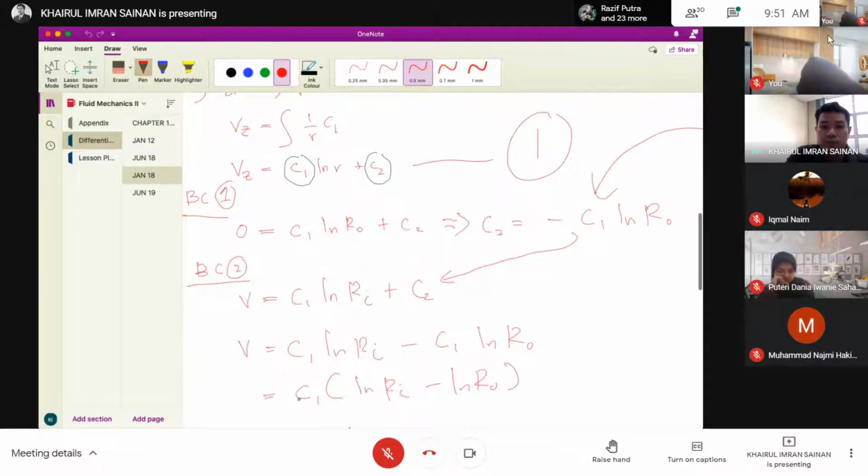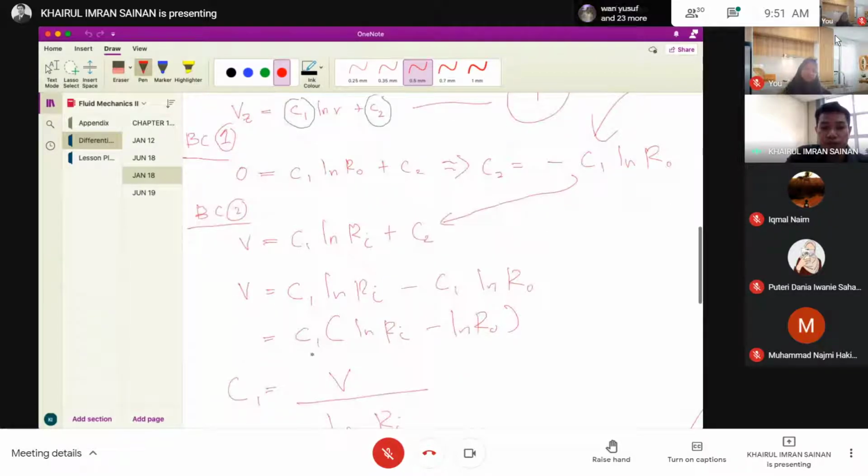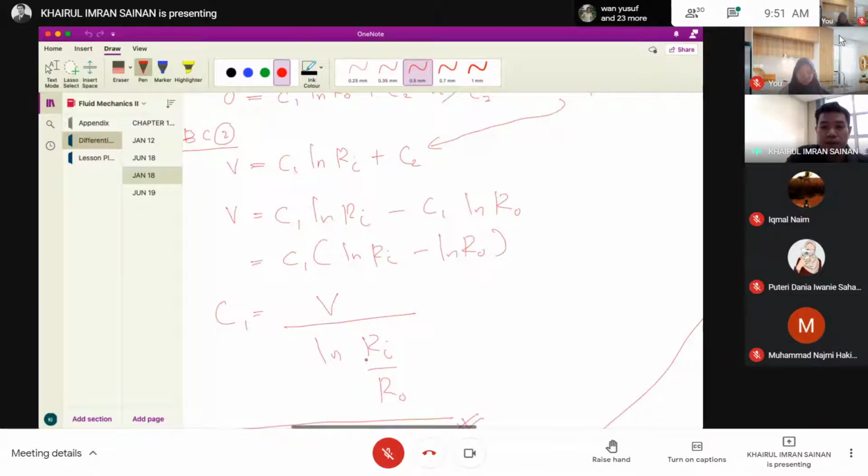You simplify this to C1 times ln R inner minus ln R outer. Our objective is to find C1, so C1 equals to V divided by ln R inner divided by R outer, because when you have minus, it's actually ln R inner divided by R outer. So that is the answer for C1.